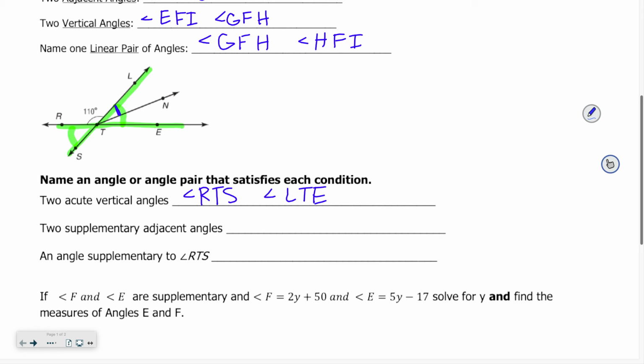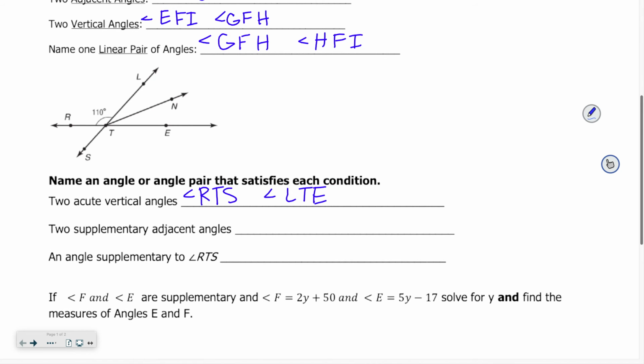All right, two supplementary adjacent angles. Supplementary adjacent means a linear pair. So I picked STR and RTL. You could have picked RTS and STE.